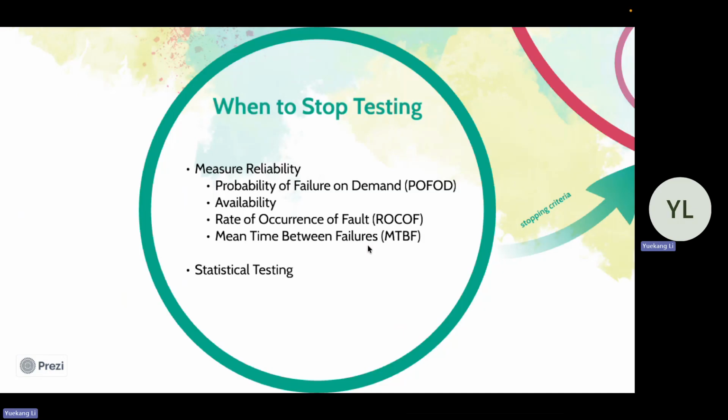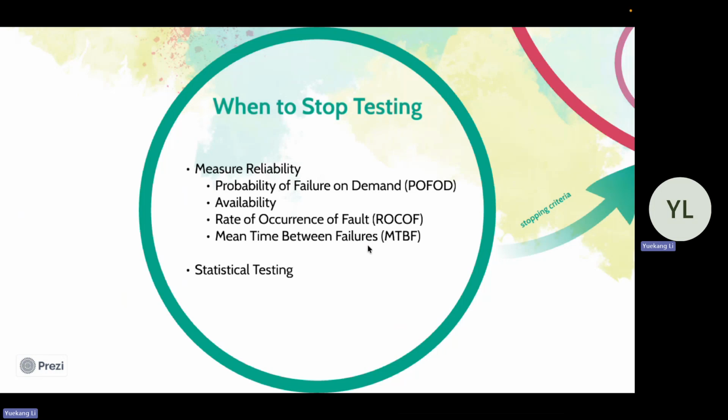So instead of proving the correctness of a program, what we want is to measure the reliability of the program. And there are several different metrics here for measuring reliability. The first one is probability of failure on demand. The second one is availability. The third one is rate of occurrence of faults. And the last one is mean time between failures.